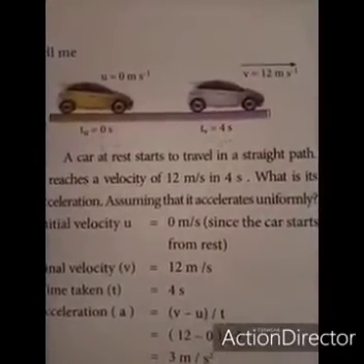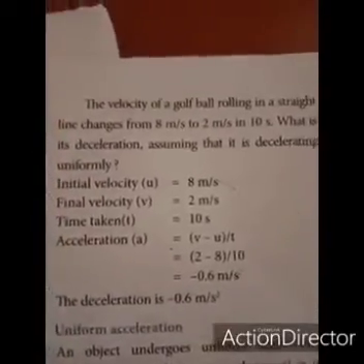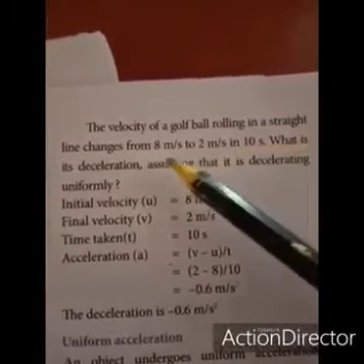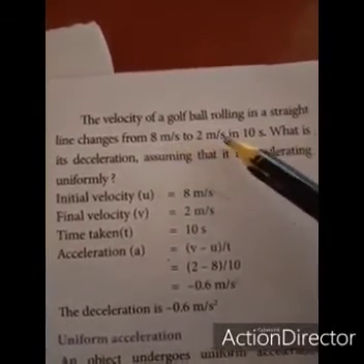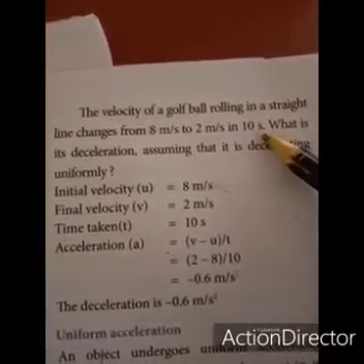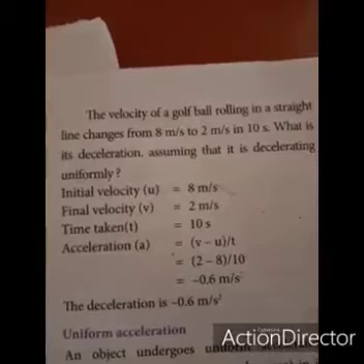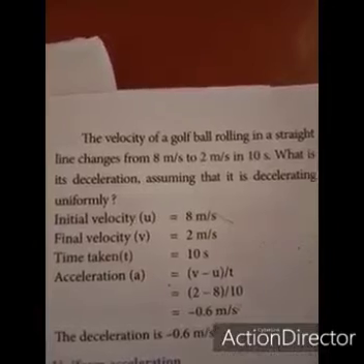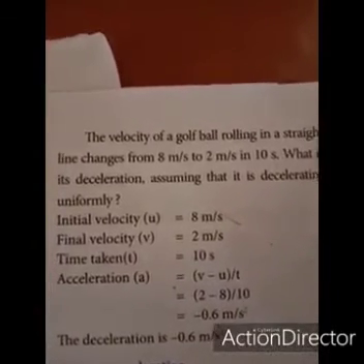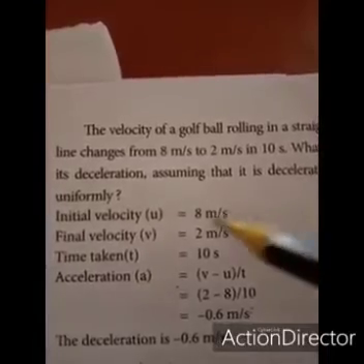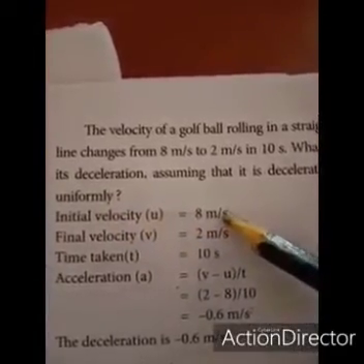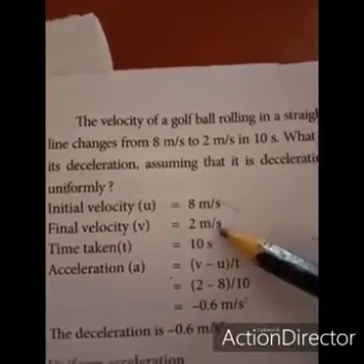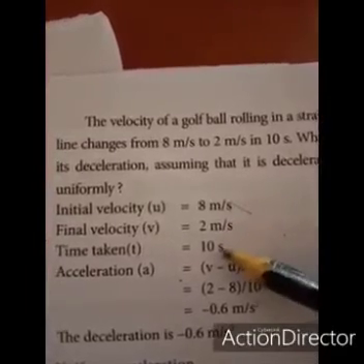Let us see an example for that. The velocity of a golf ball rolling in a straight line changes from 8 meter per second to 2 meter per second in 10 seconds. So the velocity gets decreased. What is its deceleration? Here the same formula is applied. Initial velocity is 8 meter per second. Final velocity is 2 meter per second. Time taken to reach this final velocity is 10 seconds.